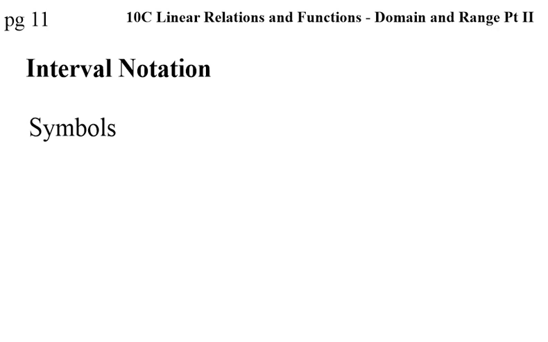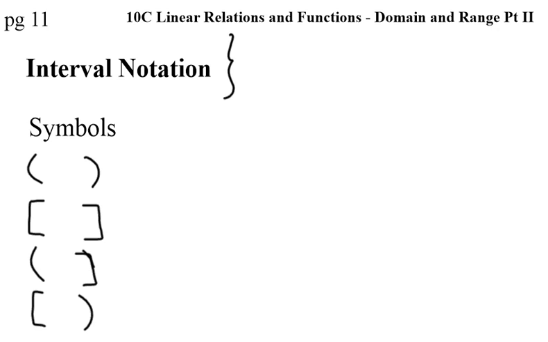Well, interval notation uses different brackets. We're going to use round brackets or square brackets or combinations of the two. That's what the big difference is. All we're going to do is brackets.